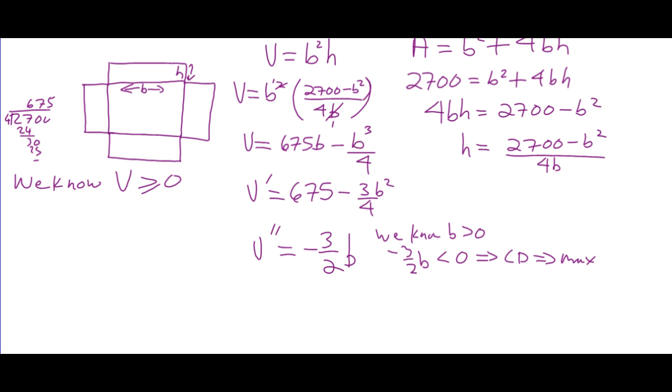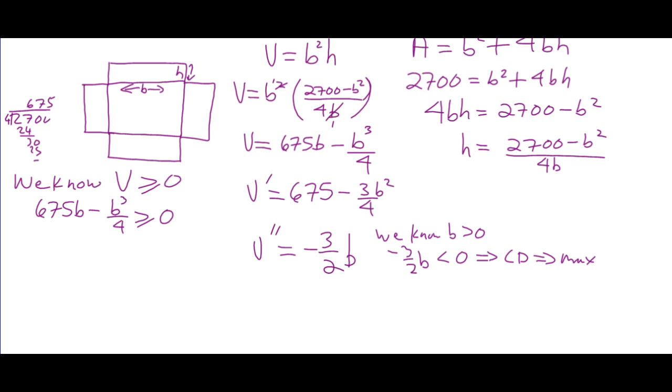You can't have a negative volume. Which means that 675b minus b cubed over 4, so that's our volume, right, has to be greater than or equal to 0. So what we want to do is figure out the limits, right? Like what's the lowest value for the base, what's the highest, right? So we need the extremes because we're going to be working in a certain interval here.